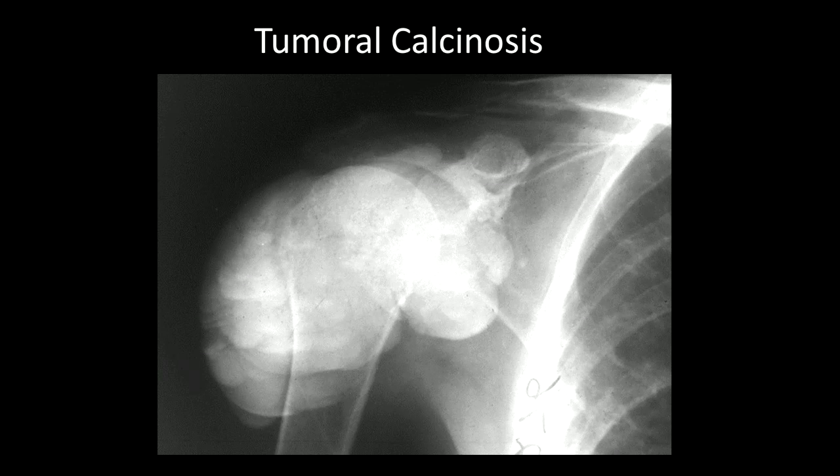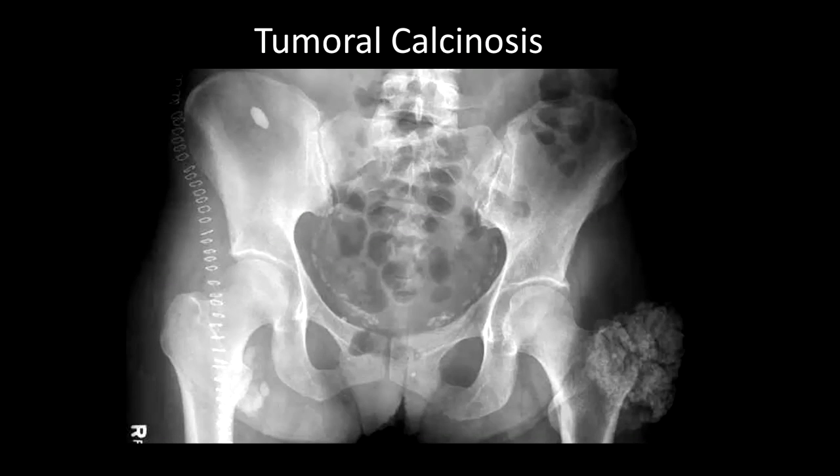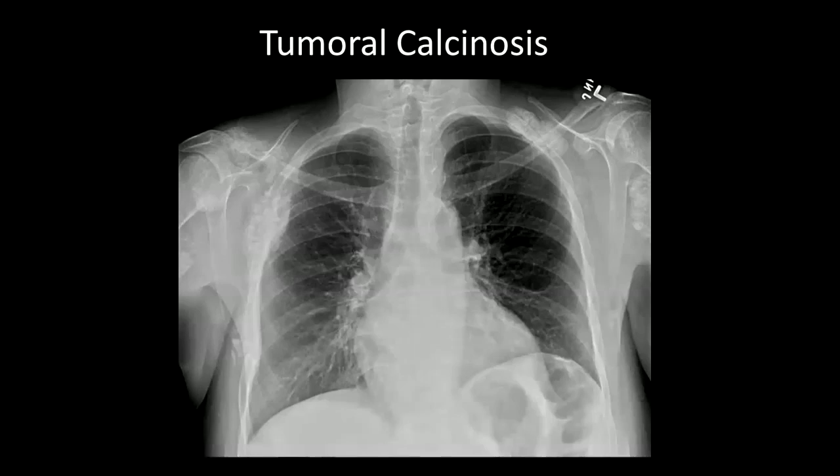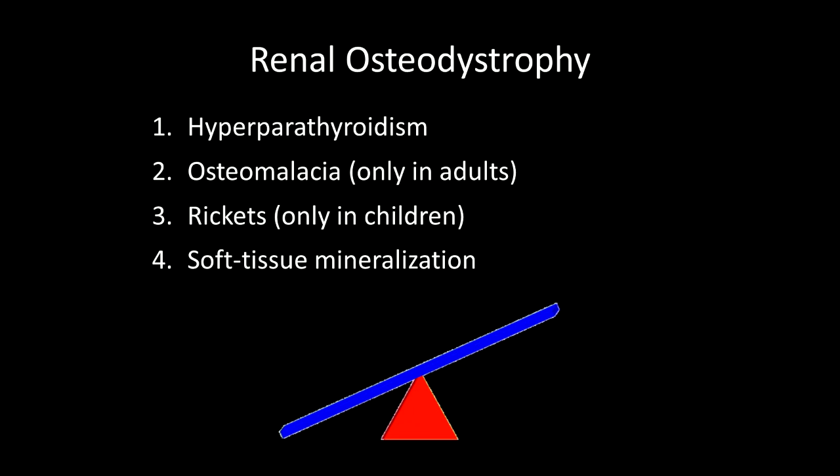Same observation here around the shoulder joint. Same observation here around both hip joints. And finally, same observation here, seen on a chest radiograph, around both shoulder joints. This is tumoral calcinosis in a patient with chronic renal insufficiency.